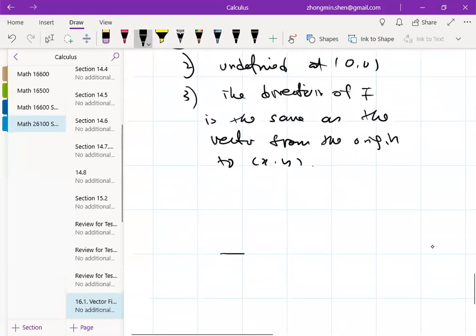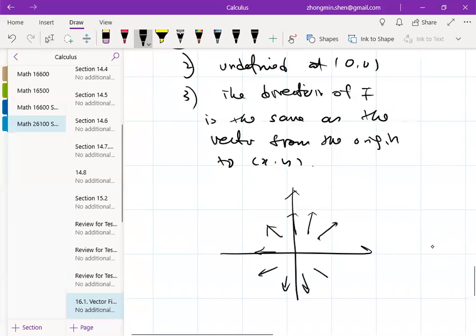So if you draw the graph, no matter where you put it, this is the direction, but it has constant length. So you're not going to get a longer vector. When you draw it, be careful. If you draw it here, it's still the same length.